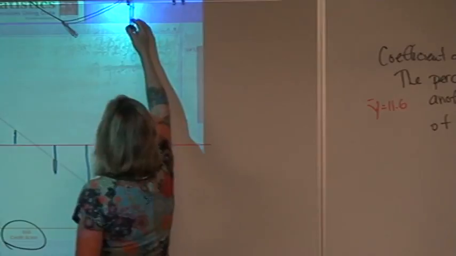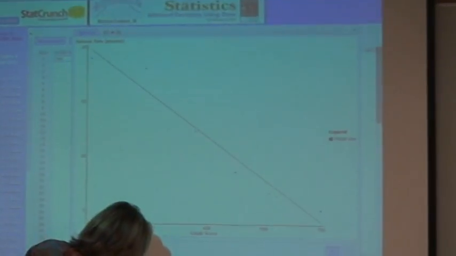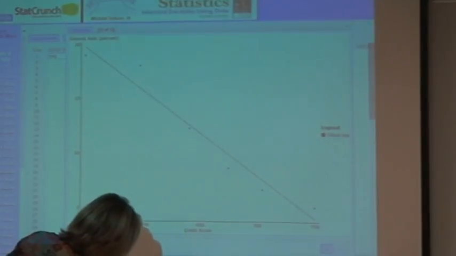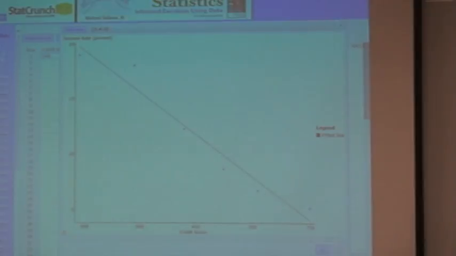Okay. In the case of the FICO scores, if you go back to that output that we generated, the r squared is right under the r value, and it's at 0.95 in this case.